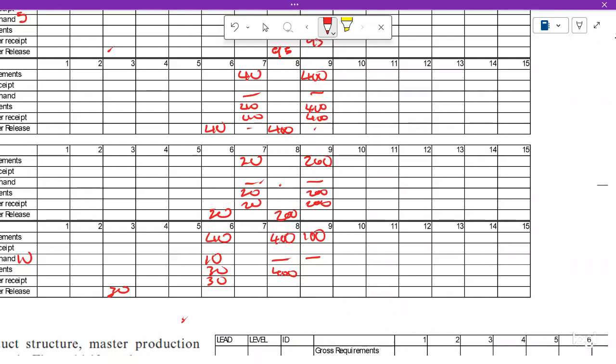It remains the same. 400. I think 100. Let's count. 1, 2, 3. 100, 100, 100. And that's your solution. Practice it. If we made a mistake, come and take it up with me.